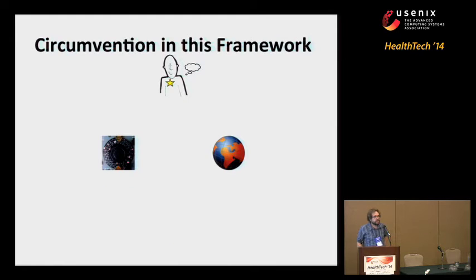So, using this framework to look at circumvention, you can think, okay, well, the officer has something in their head about the policy they want, the behavior they want in the system for access control or whatever, or timeouts. They configure the system that way. That configured system causes the reality to happen. The officer is quite happy.